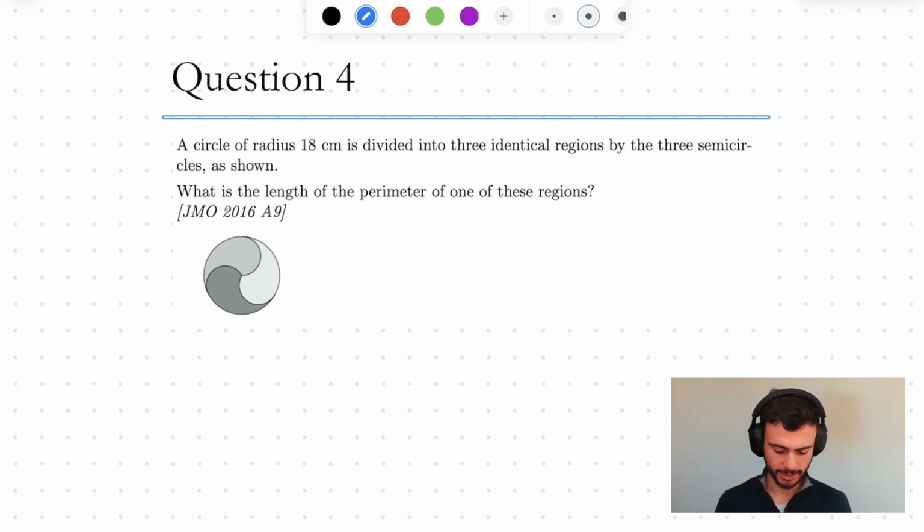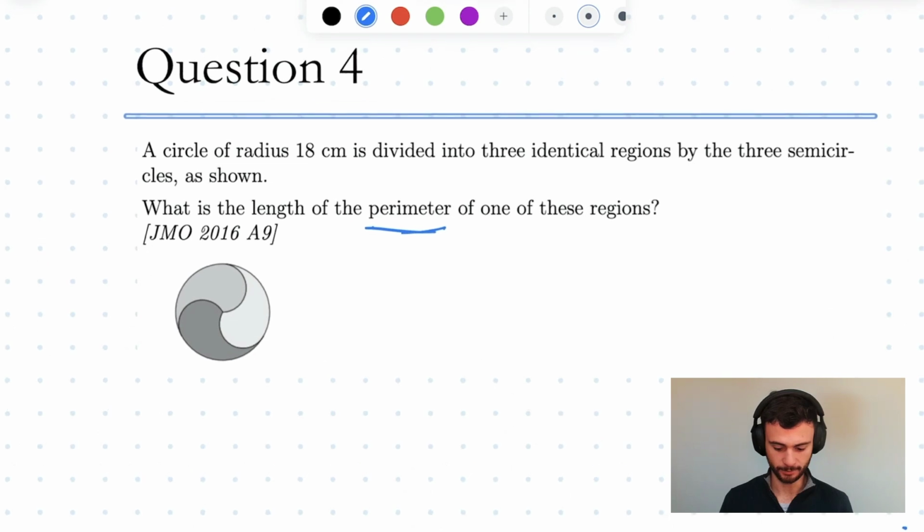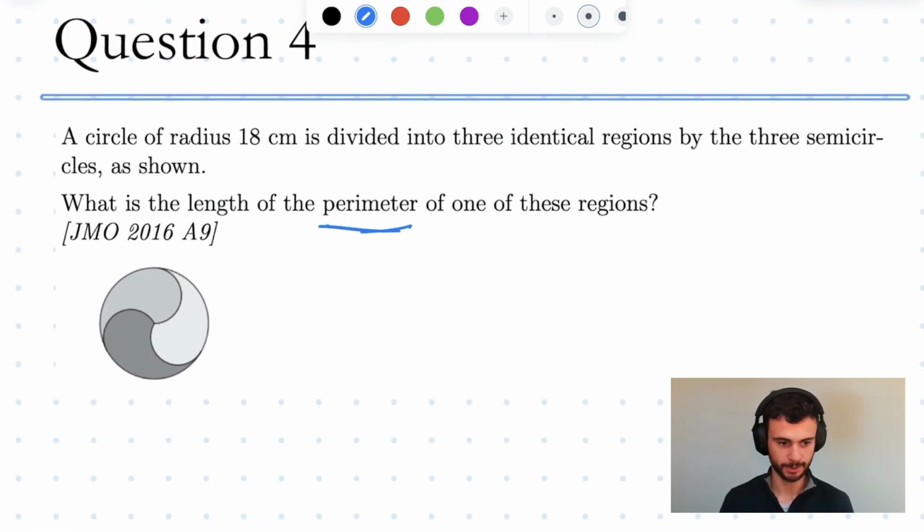So it's actually quite tricky to see where those identical three semicircles are at first. Notice again, we're finding out the perimeter, not the area of one of these regions. So let's just zoom in a little bit. I'm going to start annotating that diagram.